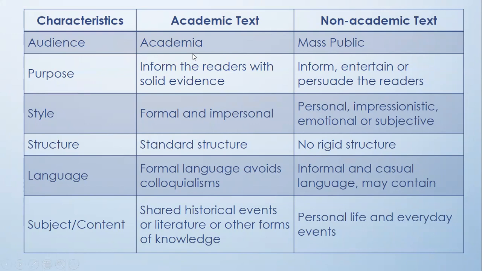As I said earlier, in academic texts, its audience are coming mainly from the field of academe or academia. In other words, the audiences of academic texts are professionals, regardless of specific professional field.